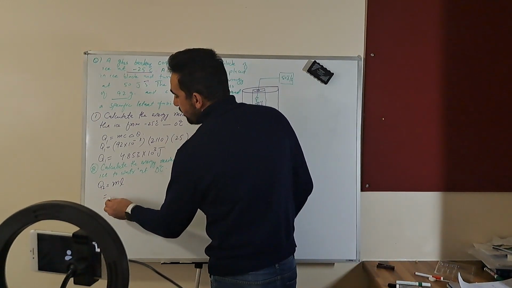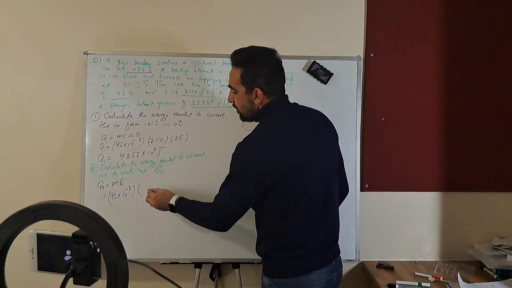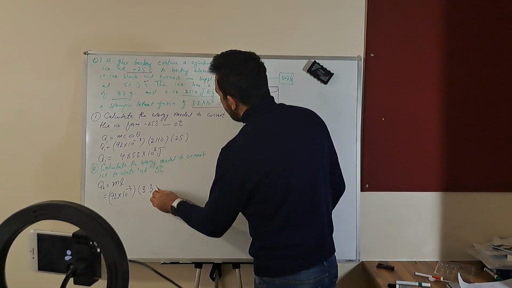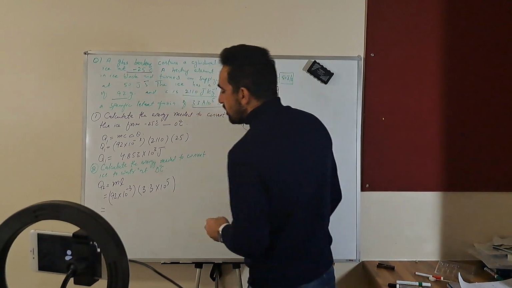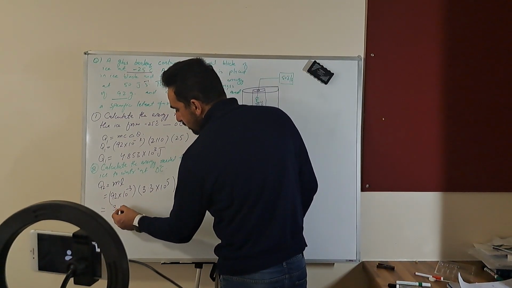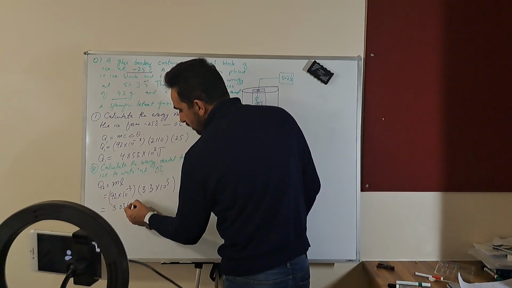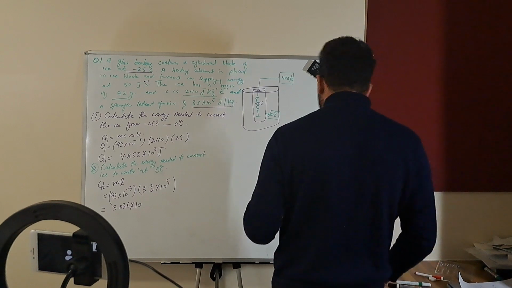So we again do 92 times 10 to the power minus 3, and latent heat of fusion is now 3.3 times 10 to the power 5, and when we multiply these two terms, we get times 10 to the power 4 joule.